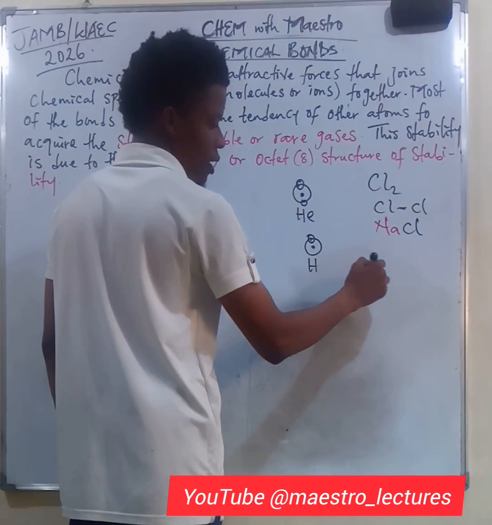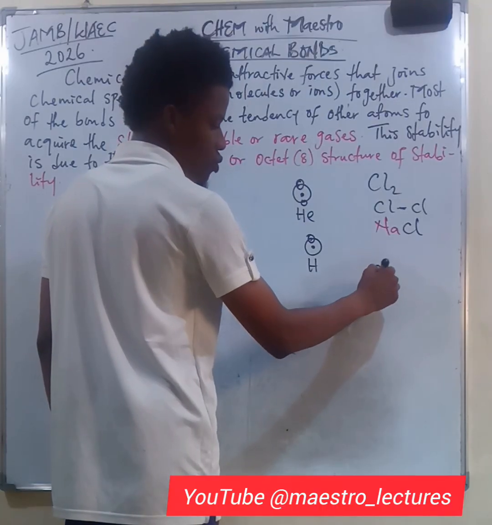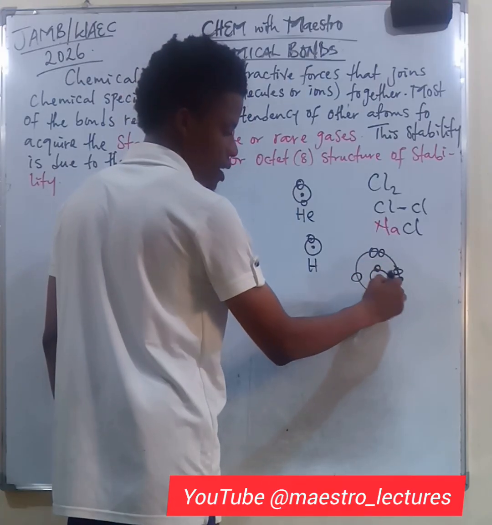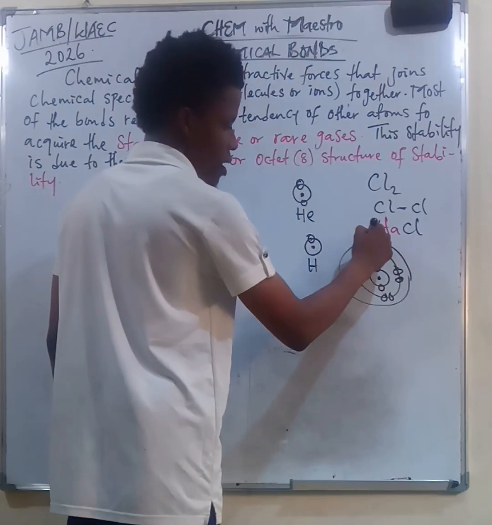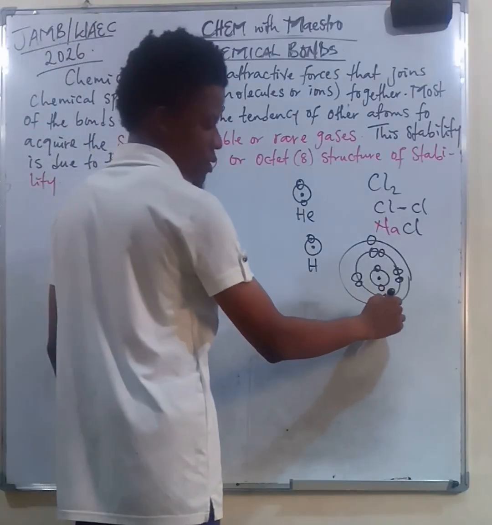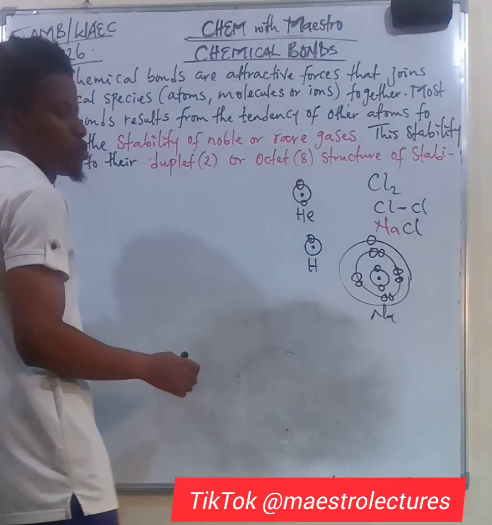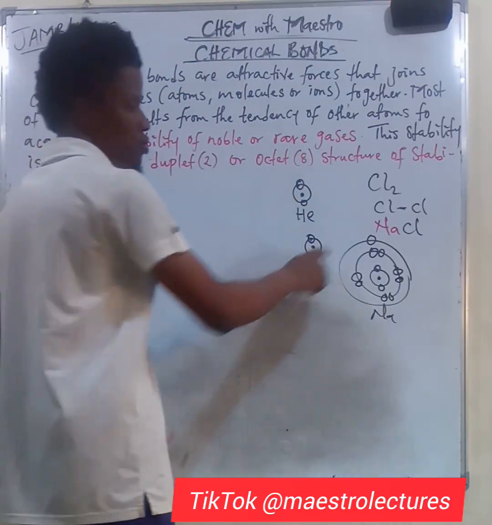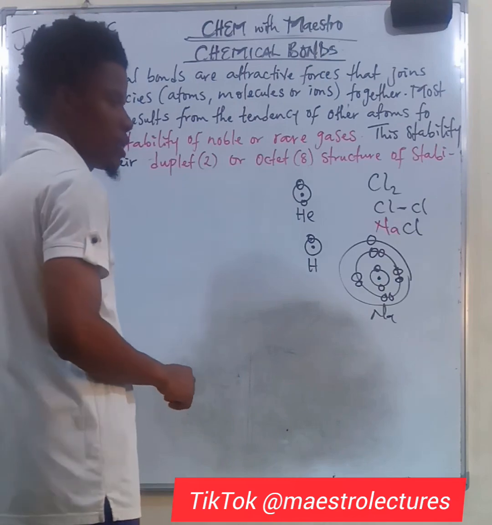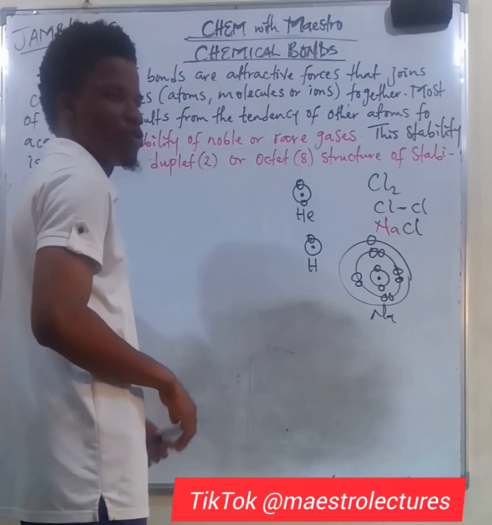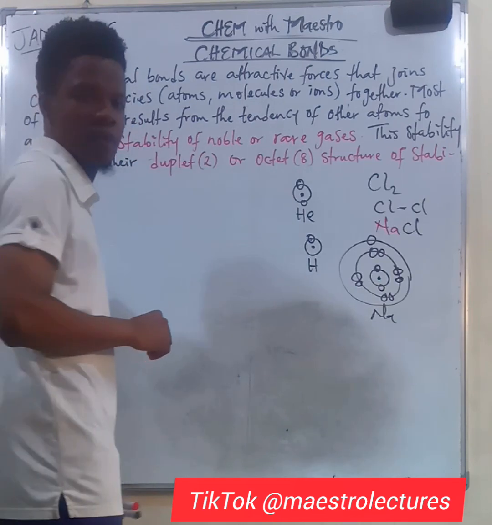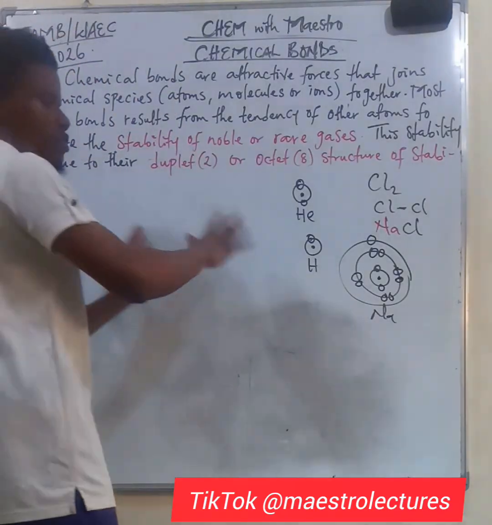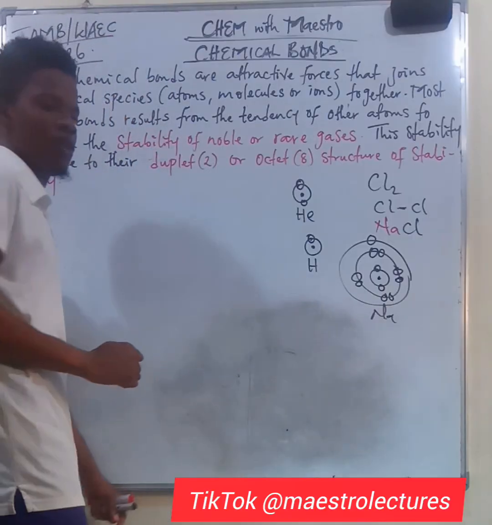Sodium is 11, that's 11 electrons: 1, 2, 3, 4, 5, 6, 7, 8, 9, 10, 11. Sodium just has one outside. So sodium needs 7 in order to get 8, the octet structure of stability. So that is what sodium needs, to achieve the octet structure of stability. This is it for all other atoms. So that is the essence of chemical bonds.